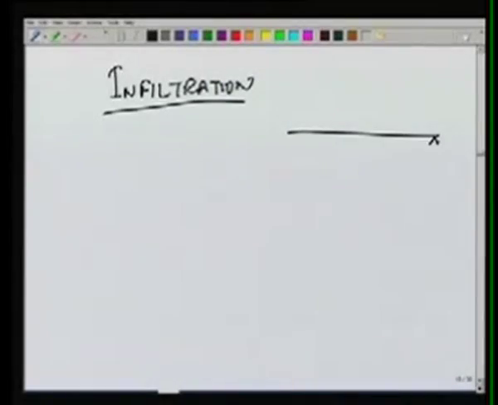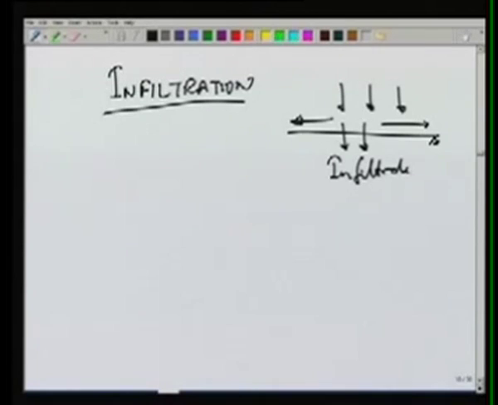So in infiltration, as we have seen, when precipitation occurs, part of it will run off, part of it will infiltrate. So this infiltrated water will either stay in the top soil layer here, or it will go deeper and recharge the groundwater as deep percolation.